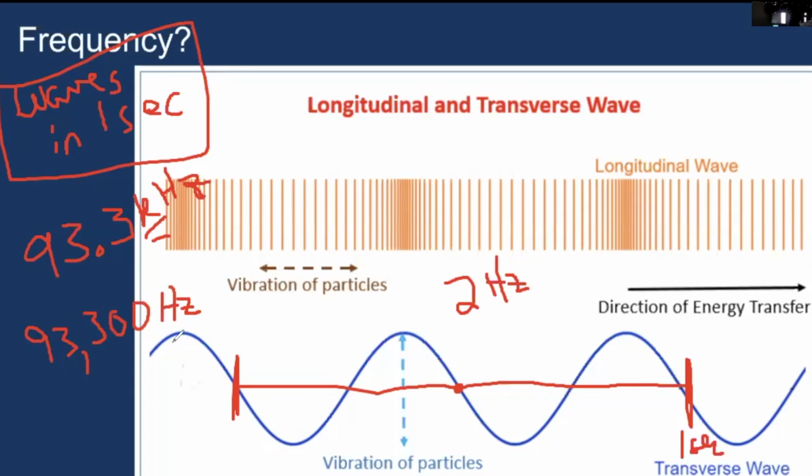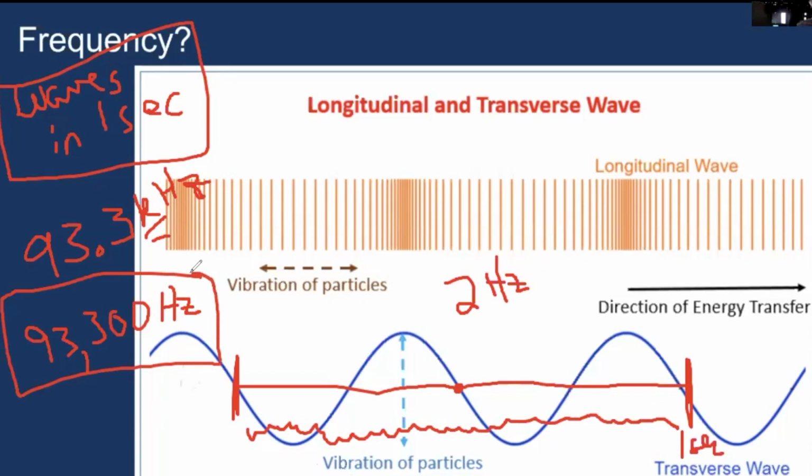But what does that mean? That means in 1 second, there are 93,300 waves that make up that radio frequency. So radio is nothing but light. It's a wave of light that has this many waves in 1 second, 93,300.